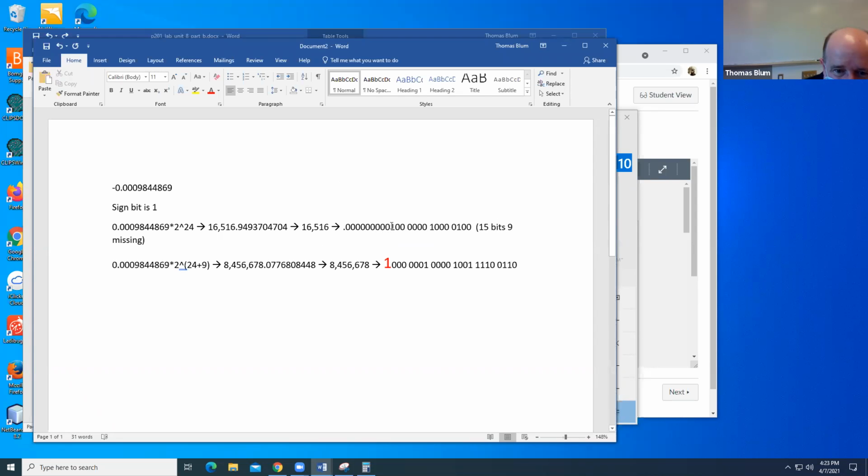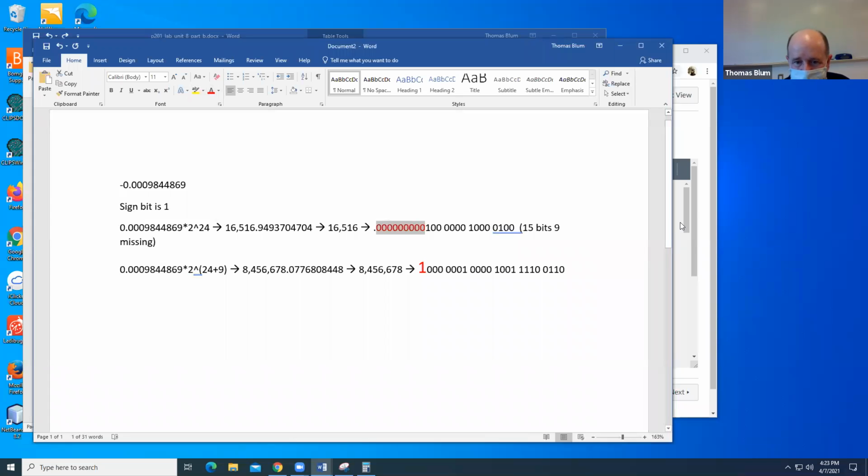There are my 9 missing bits. Now I have to figure out the exponent. My rule is to get this dot after that 1, so I have to move it those 9 and 1 more. I'm making this number bigger, so my power of 2 is negative. So it's 2 to the minus 10.